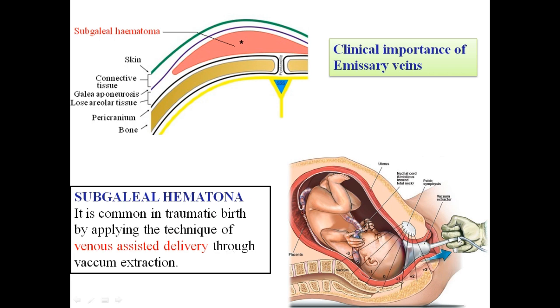In this approach, by applying the vacuum extraction, the emissary veins can be ruptured and lead to scalp bleeding at the level of the periosteum of the skull.